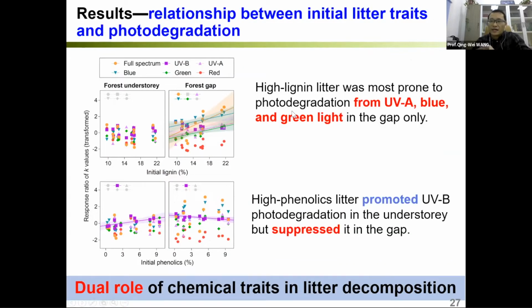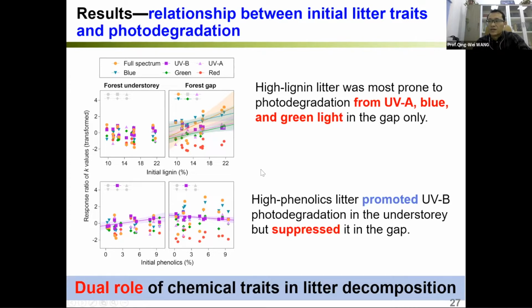We identified initial lignin and phenolic compounds as the strongest predictors of photodegradation. The first is initial lignin with photodegradation. High lignin litter was most prone to photodegradation from UVA, blue and green light in the gap.